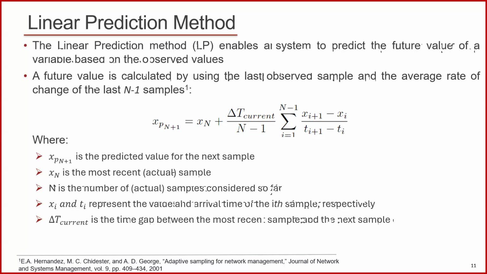The linear prediction method enables a system to predict the future value of a variable based on the observed values. We observe the traffic for a specific time duration or a specific number of observations. After observing the network, we try to build a linear model out of the measurements.